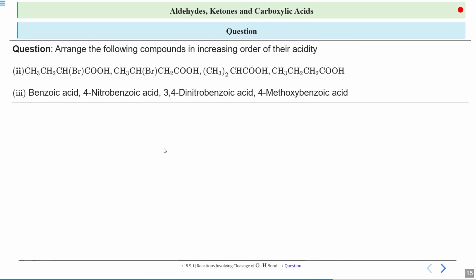Now we will arrange the following compounds in increasing order of their acidity. You have been given 1, 2, and 3.